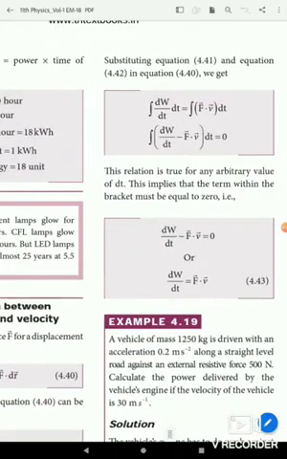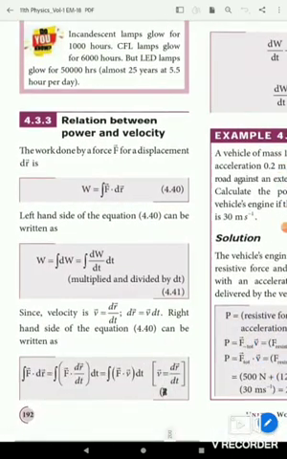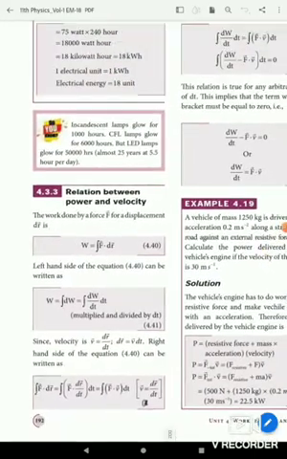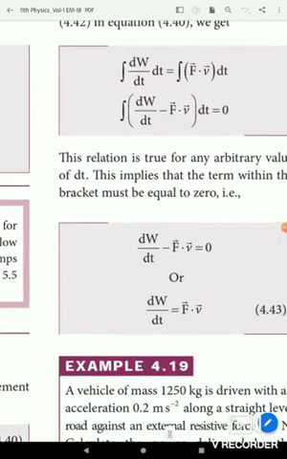So this integral F vector dot dr vector equal to W, and W equal to integral dW by dt into dt. So you equate these two equations: integral dW by dt into dt equal to integral F vector dot v vector into dt.